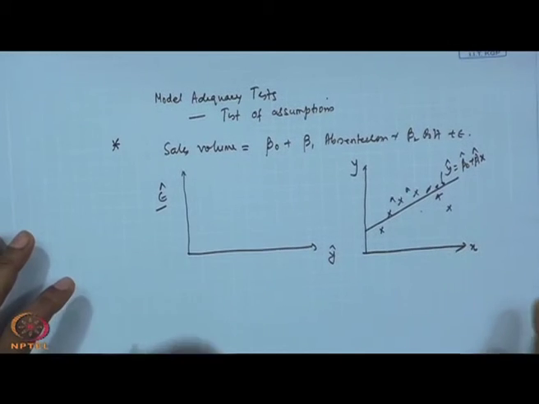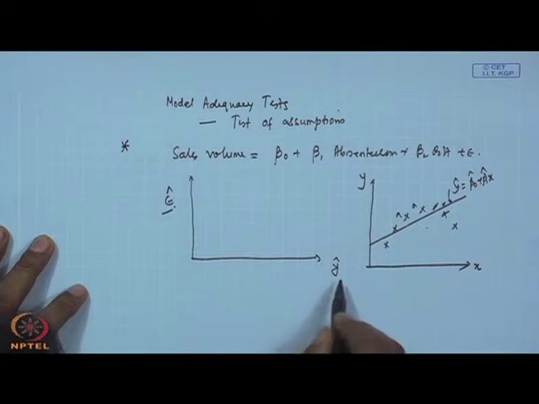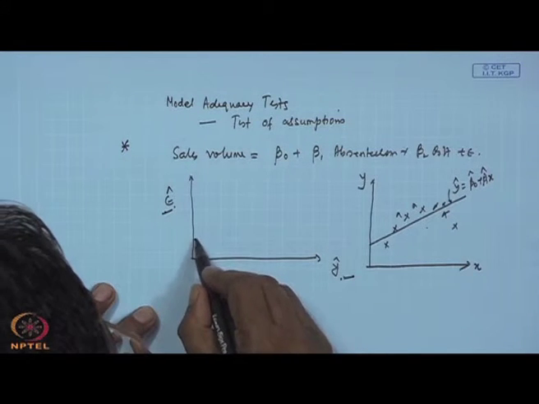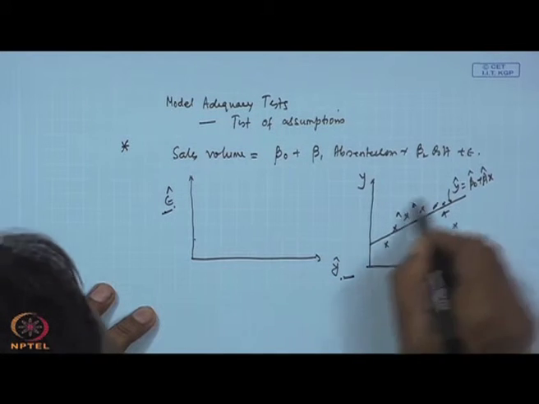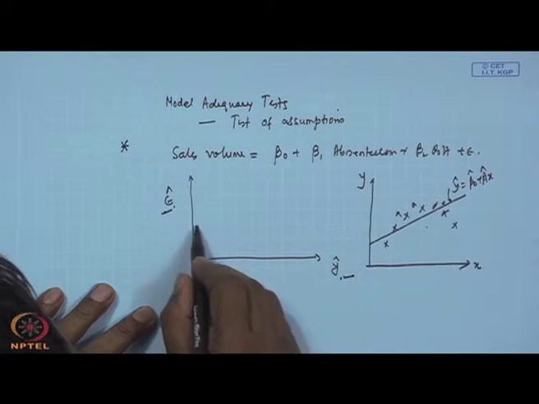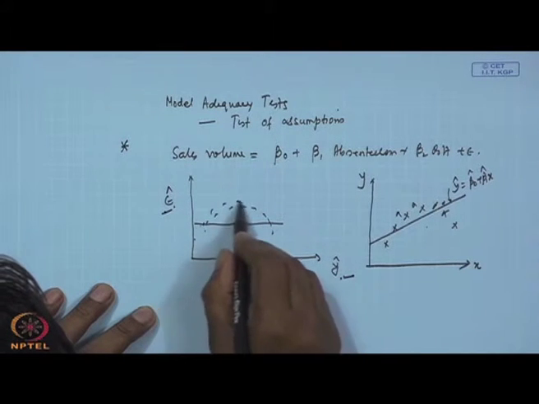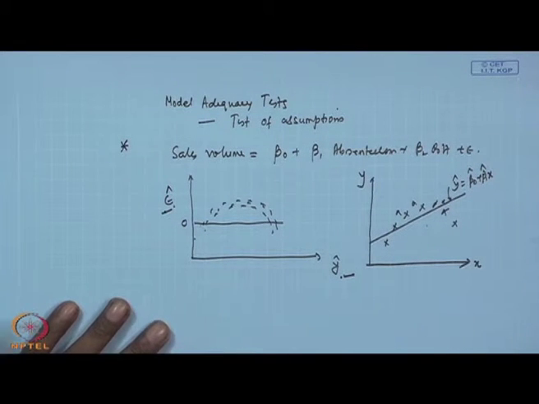Then what will happen? When you plot the fitted residuals versus predicted value, you will not get a straight line; the nonlinear part will come like this. This will be the zero value error part.